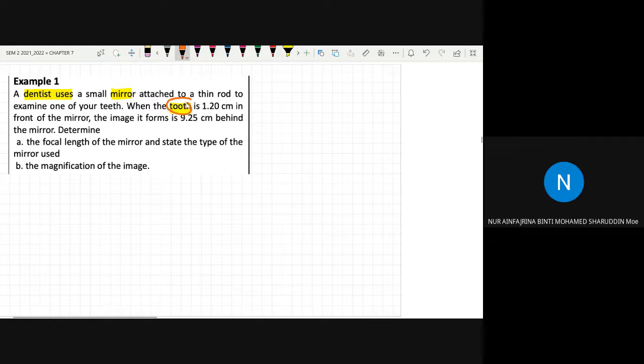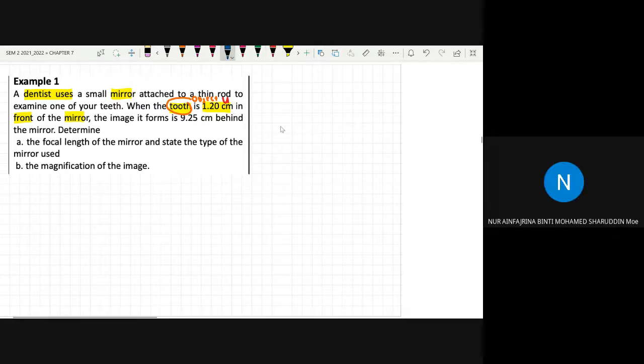Object, very good. So, this is our object. Okay, jadi 1.2 centimeter in front of the mirror. 1.2 centimeter ni apa? Object distance. Yes, correct. Object distance U dia.